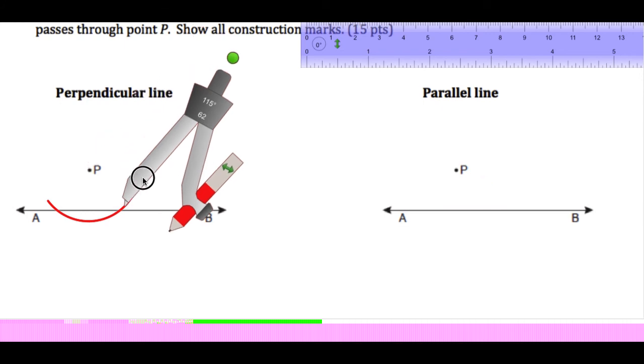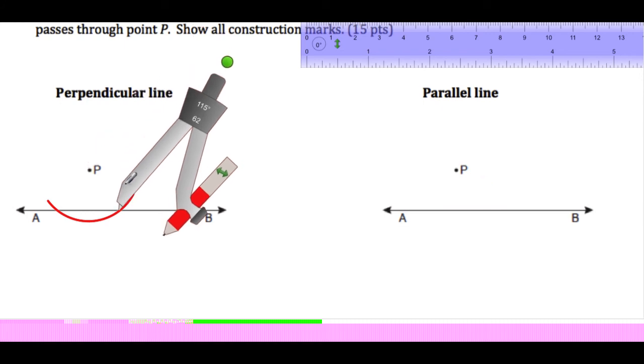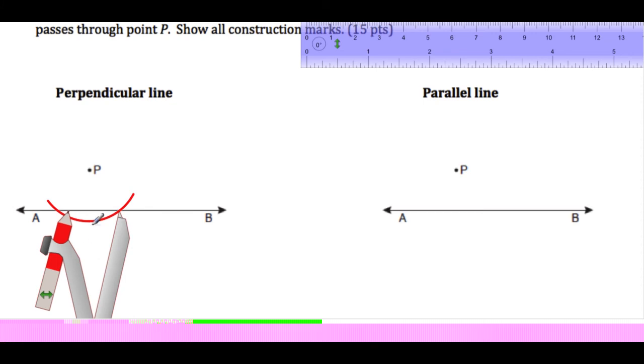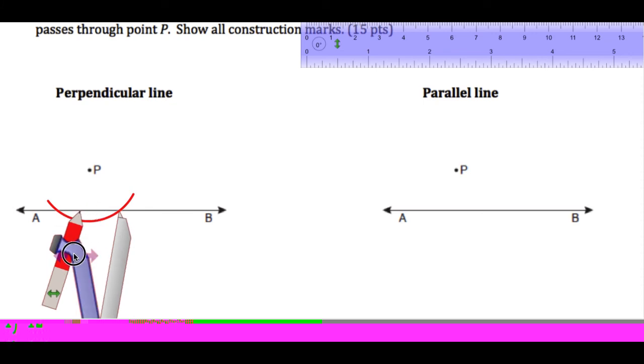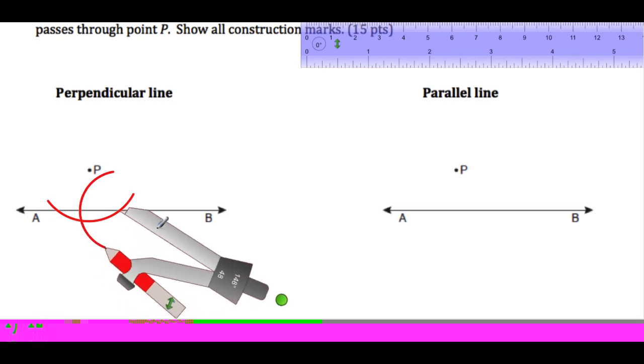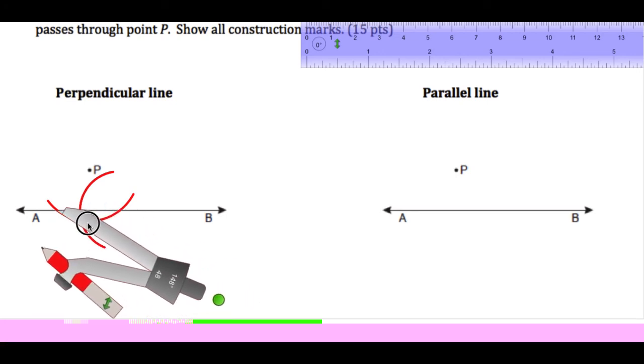After you have drawn the arc, I want you to go back and then make sure that your compass is open more than halfway. I don't know, around here, I guess. And draw another arc. And do the same thing with another intersection right over here.